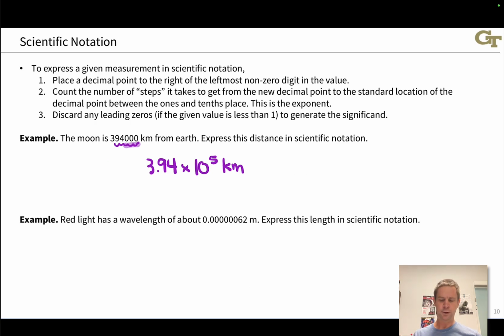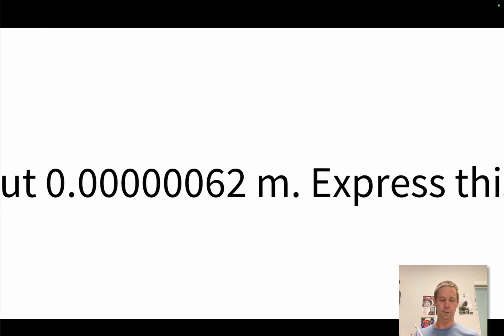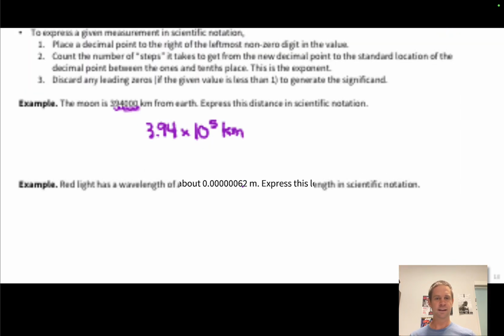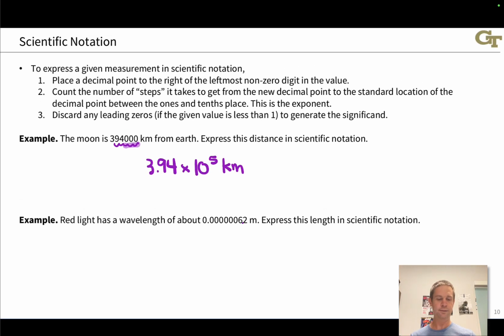The first thing we do is place a decimal point to the right of the leftmost non-zero digit. Here that's a 6. Let me zoom in. And so we're going to place a decimal point right here. And this actually tells me straight away that the significand here is 6.2. So we're going to have 6.2 times 10 to some exponent.